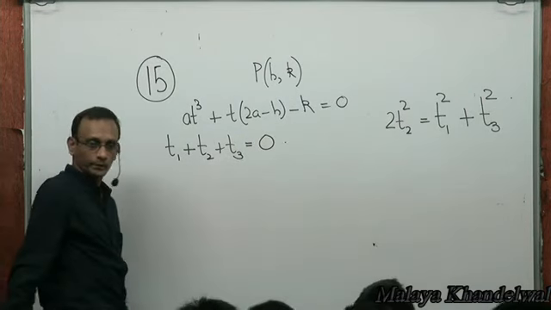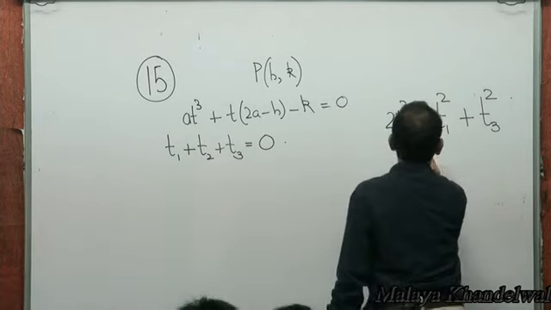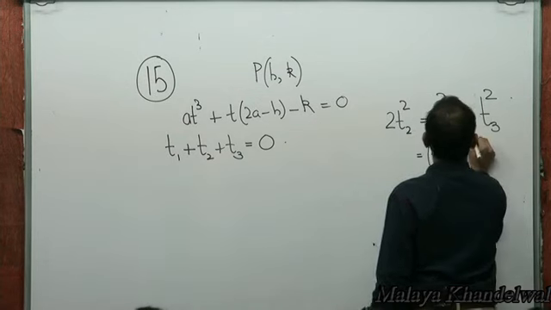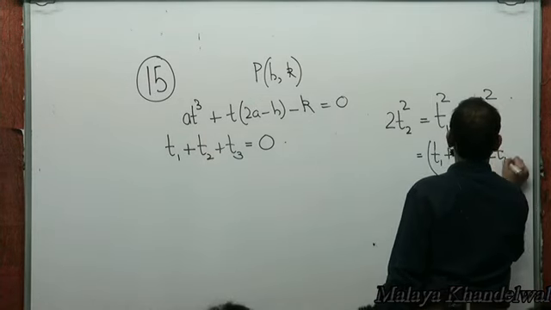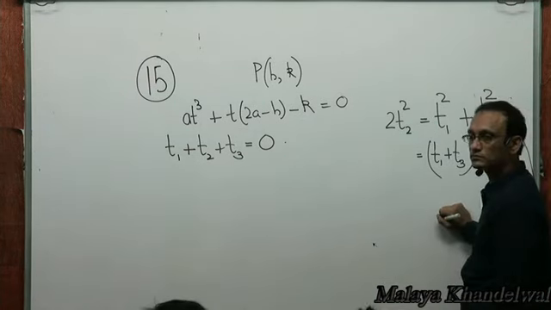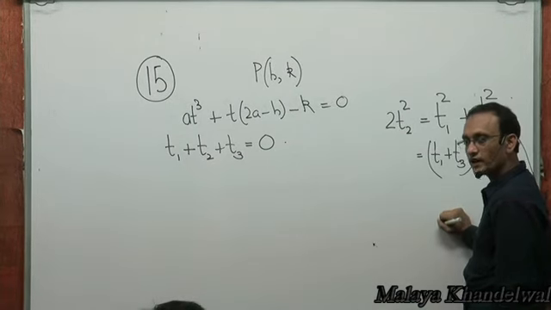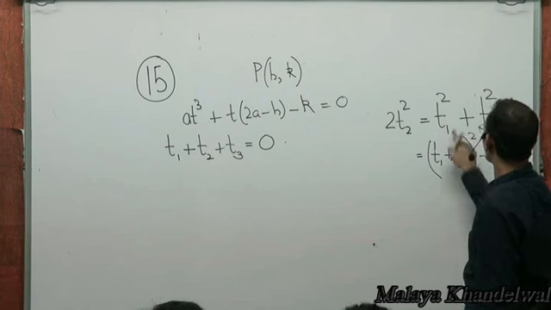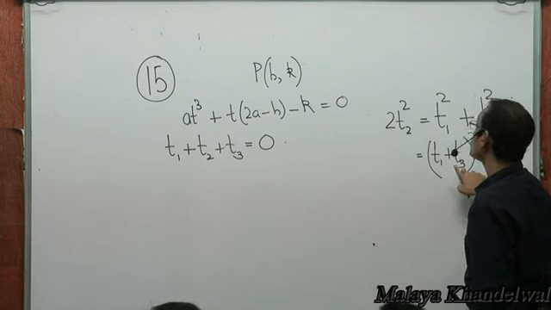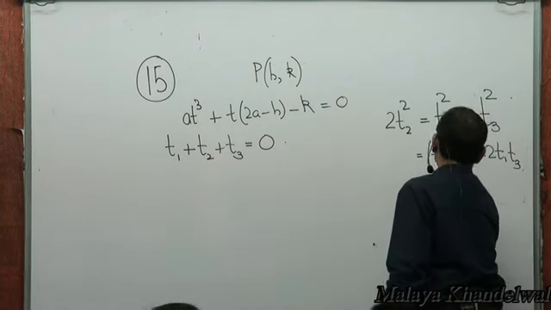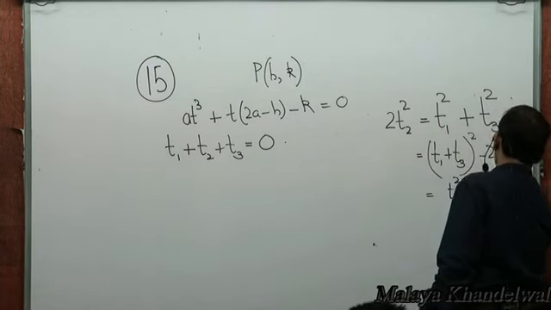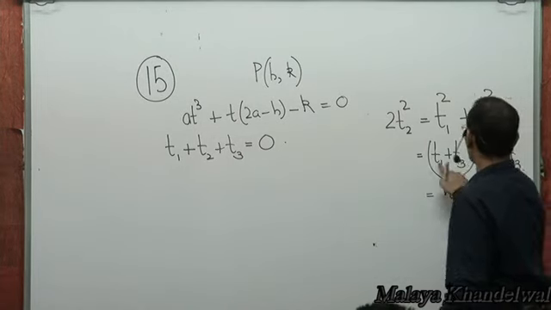Now this I can write as T1 plus T3 whole squared minus twice T1 T3. T1 plus T3 is minus T2. So this is T2 squared minus twice T1 T3.